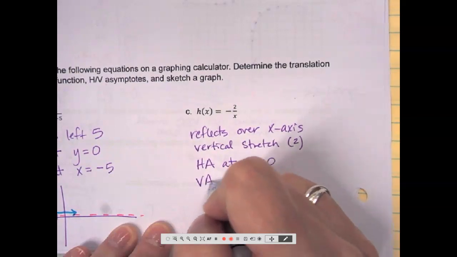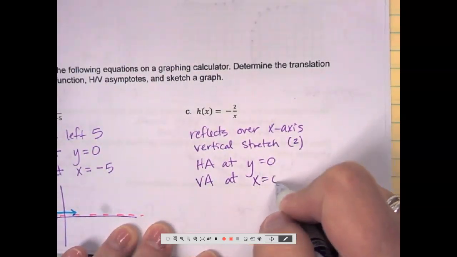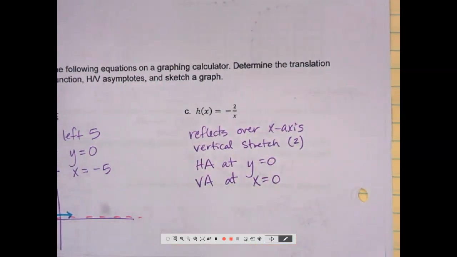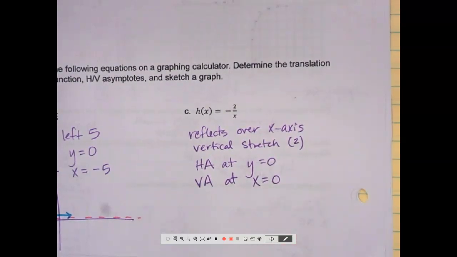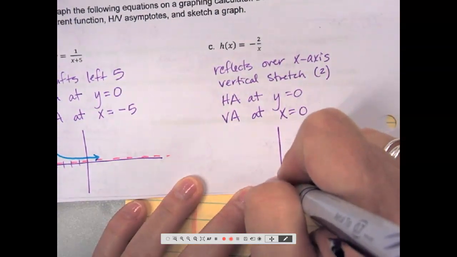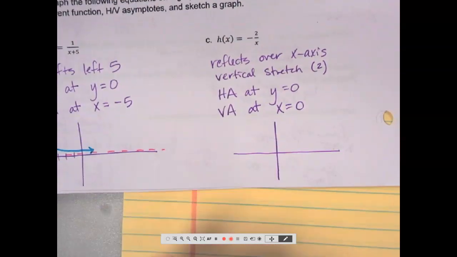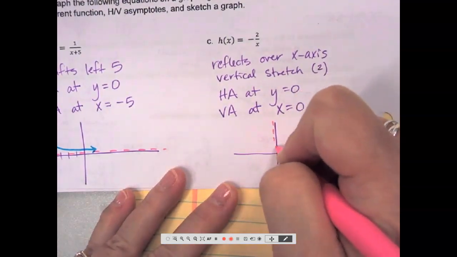Vertical asymptote is where? X equals 0. And don't tell me just 0, because is it a vertical line at 0 or a horizontal line at 0? So we have to name the entire line there. Okay, so let's sketch. Get some dotted lines in there for our boundaries.